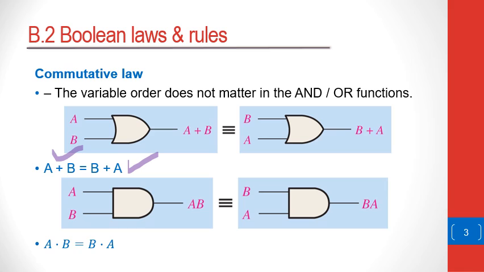It doesn't matter if you put A on top or B on top, the result will always be the same for that function. Similarly, for the AND function, A and B will give the same result as B and A.